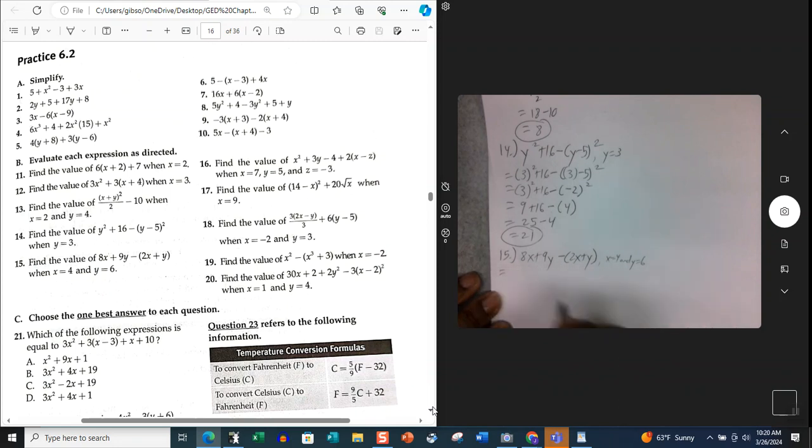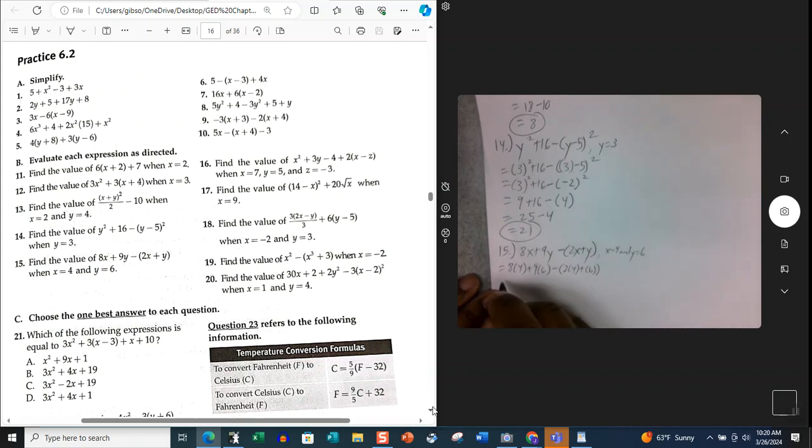So we have 8 times 4 plus 9 times 6 minus 2 times 4 plus 6. So now we do what's in parentheses first. So here we had 2 times 4 is 8 plus 6. So we still have to finish inside that parenthesis. 8 plus 6 is 14.